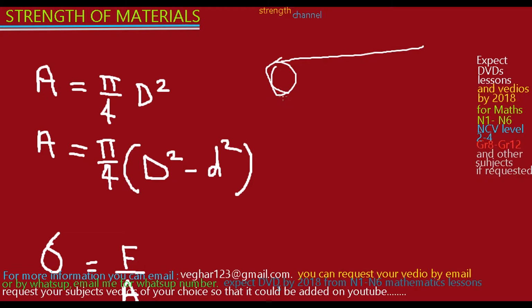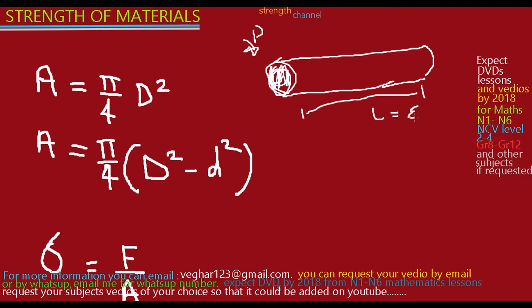Okay, the area of this one is this one, but we are looking for this area. You'll be given a diameter and the length of this one as well. The length works with the strain most of the time. So if you are given a length, think about the strain.